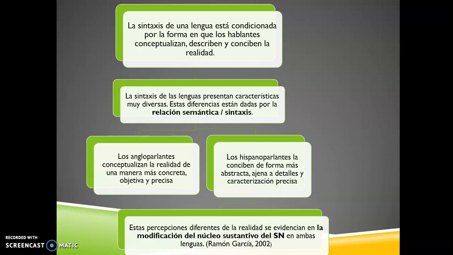La sintaxis de las lenguas presentan características muy diversas y estas diferencias están dadas por la relación entre la semántica y la sintaxis. Los angloparlantes, por ejemplo, conceptualizan la realidad de una manera más concreta, objetiva y precisa. En cambio, los hispanoparlantes la conciben de manera más abstracta, ajena a detalles, sin caracterización precisa. Estas percepciones diferentes de la realidad se evidencian en la modificación del núcleo sustantivo del sintagma nominal en ambas lenguas.